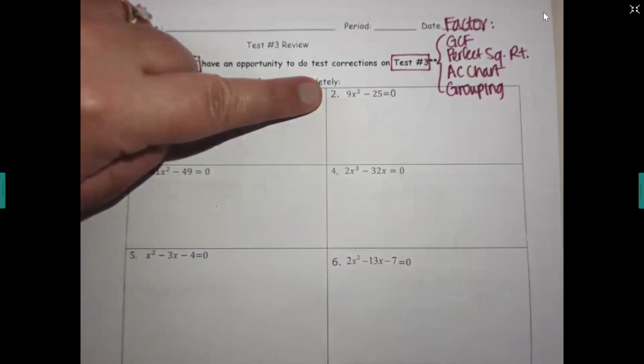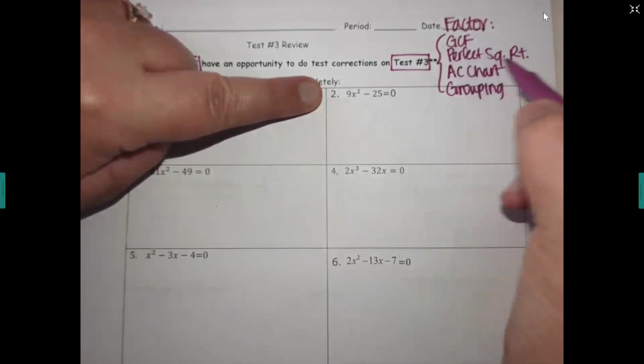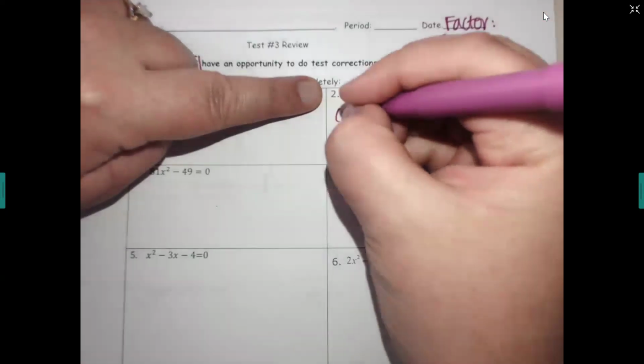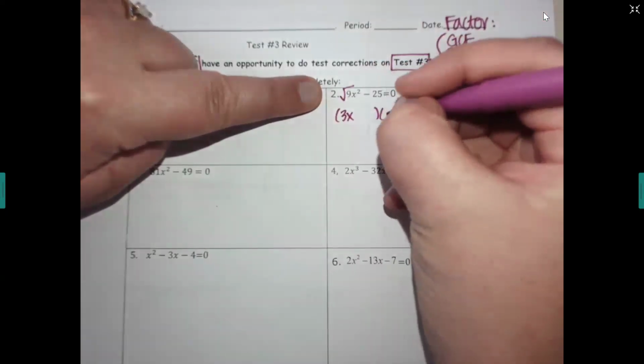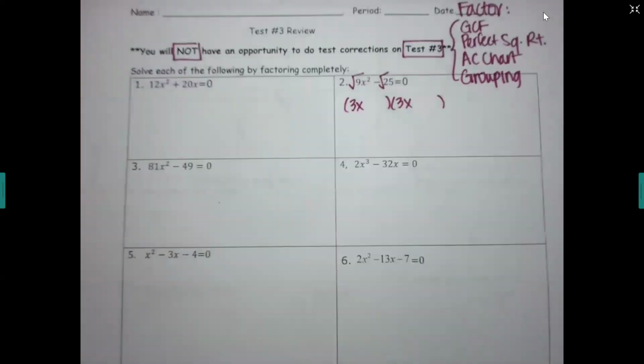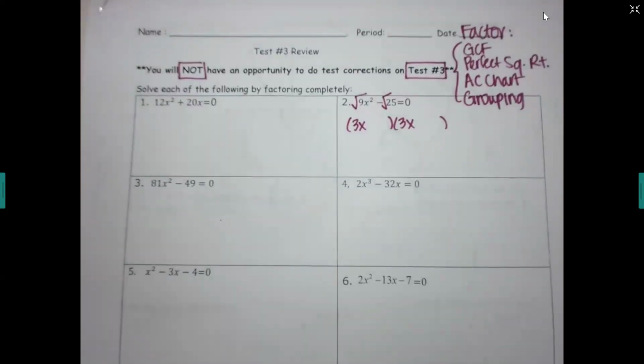Then the only option left is what? Perfect squares. So let's take the square root of 9x squared. What would that be? 3x and 3x. What's the square root of 25? Plus or minus 5. Remember, you put 1 in each parentheses.